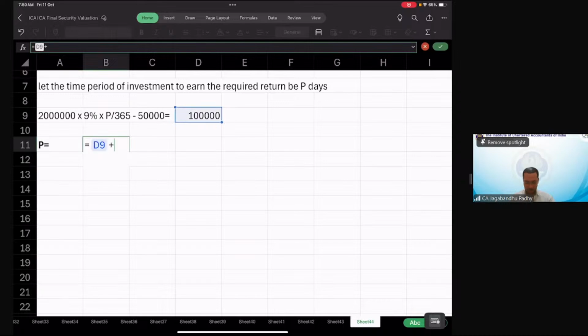It will be like 1 lakh plus 3,000, and that will be like multiplied by 365 divided by 9% into 20 lakhs.